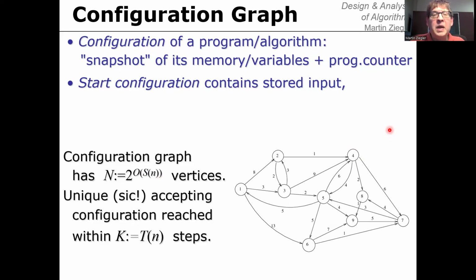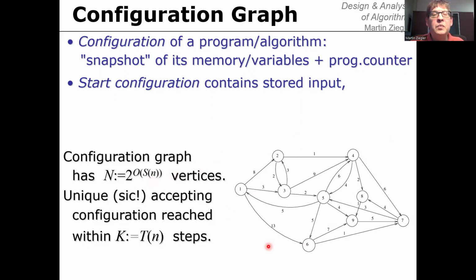So different inputs correspond to different start configurations, different nodes in this graph, but all inputs that we consider here must have the same length, namely the same length n.